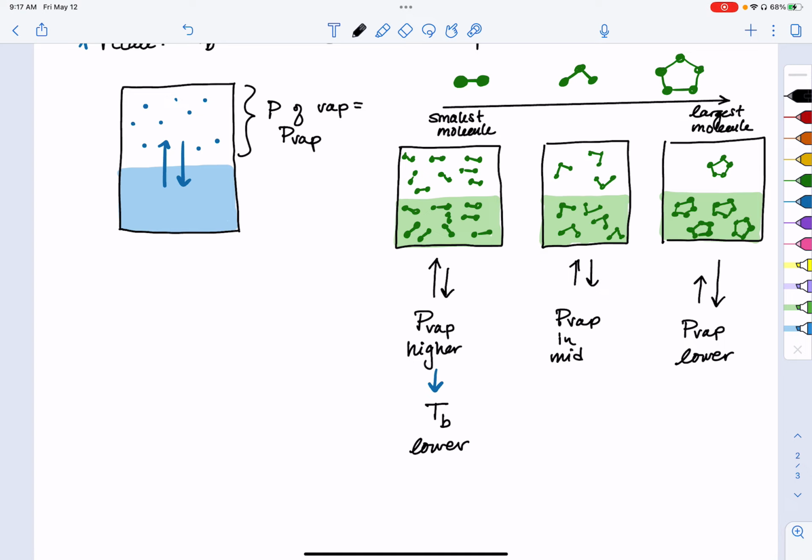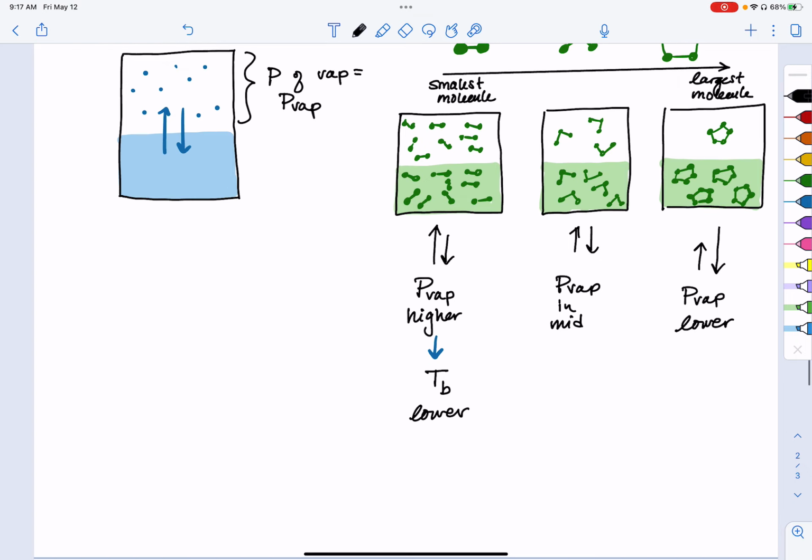Okay, compare that to our largest molecule, our heavier molecule. So this is where our vapor pressure is lower. So because we have these super heavy molecules, we are going to need to transfer a lot more thermal energy, or a lot more heat, into this system in order to get these molecules moving with a sufficient kinetic energy such that they can then all reach that liquid gaseous boundary and then all be put into the vapor phase.